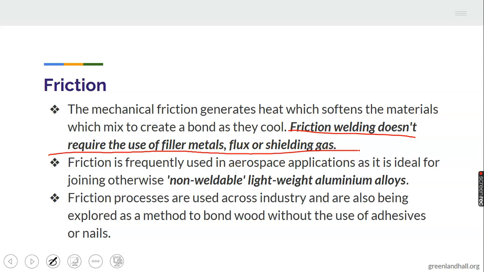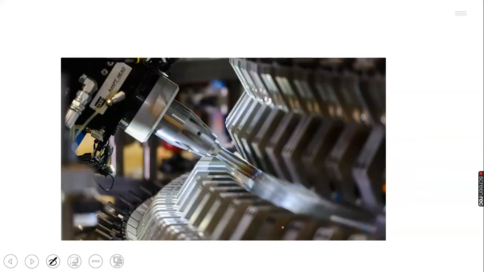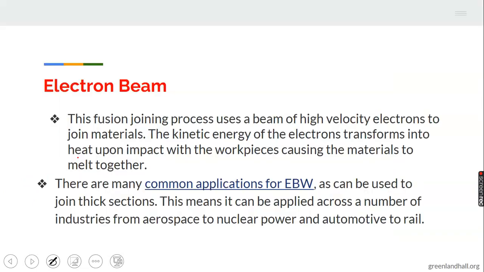Friction welding is frequently used in aerospace applications and is ideal for joining otherwise non-weldable light aluminum alloys. Friction processes are used across industry and are also being explored as a method to bond wood without the use of adhesives or nails. Now, look at someone performing friction welding there. I think you can research more on that.